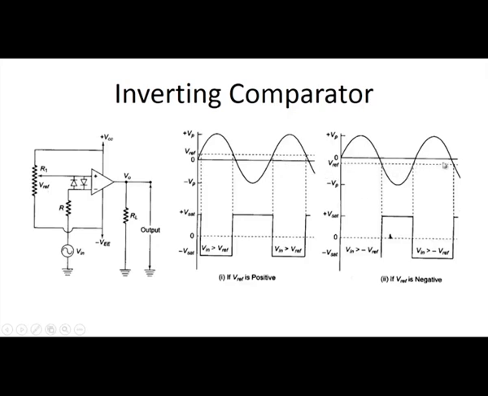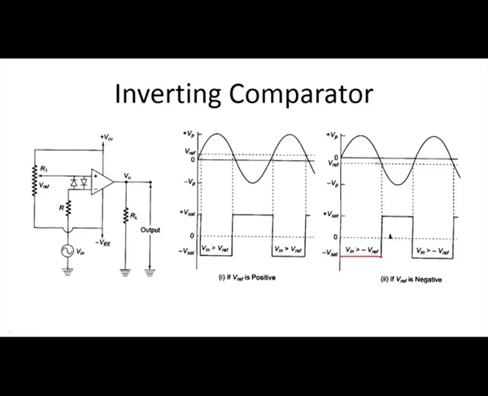And if the reference voltage is negative, again the same. If the reference voltage is negative and given to the positive terminal, and if Vi is greater, negative V saturation is obtained at the output, and if the reference voltage is greater, positive V saturation is obtained at the output. Here until this point, Vi is higher and is given to the negative terminal, so it has a negative V saturation.